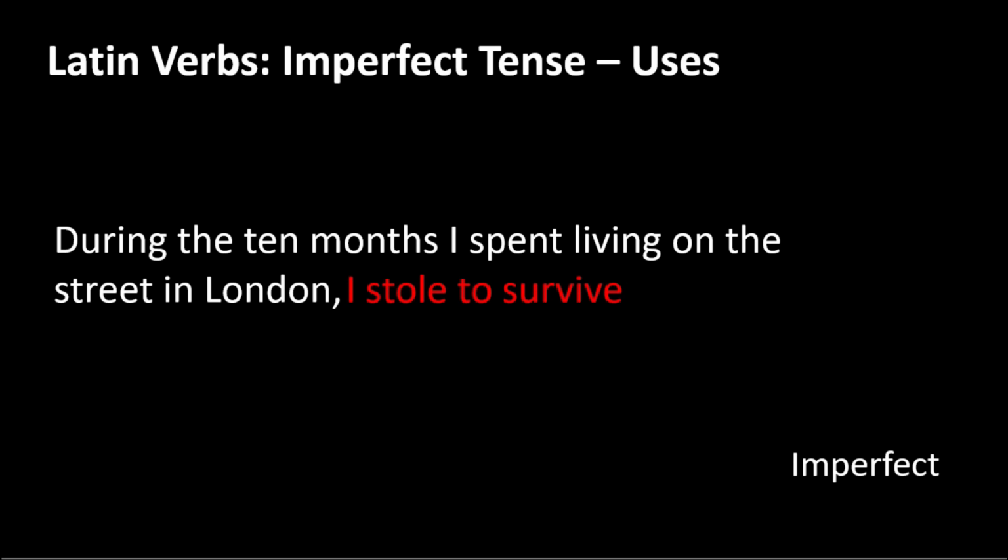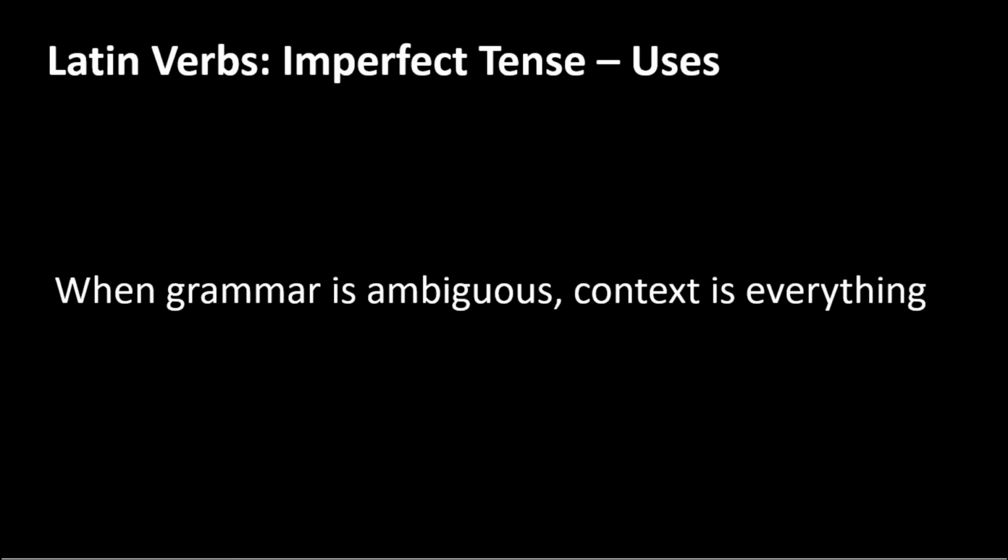You sometimes need to look at these sentences more than once and ask yourself, what is the writer trying to say with this imperfect tense? And so when it comes to working out what kind of continuous action in the past a Latin imperfect describes, when grammar is ambiguous, context is everything.